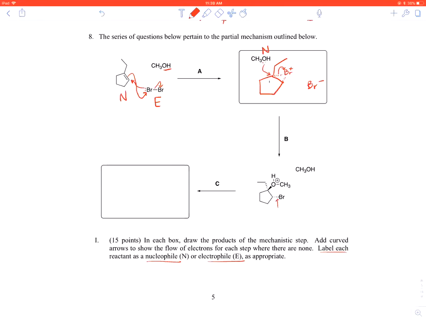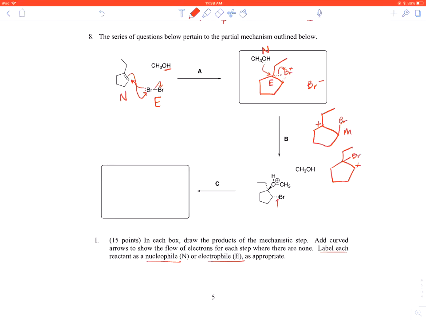Nucleophile, electrophile here. Why does it attack the more substituted site? Well, you can imagine that we could draw extremes for this bromonium ion where that charge is shared over 2 carbon atoms.